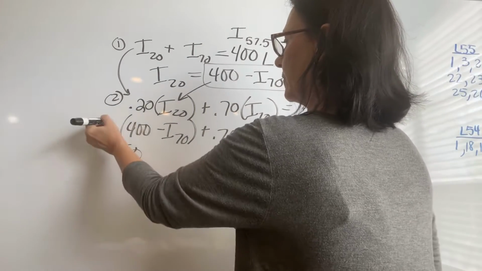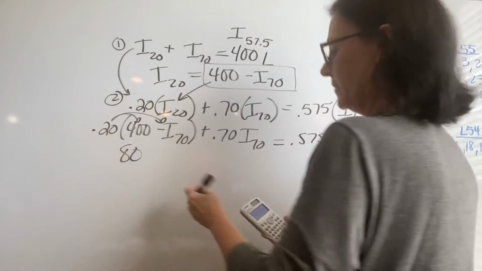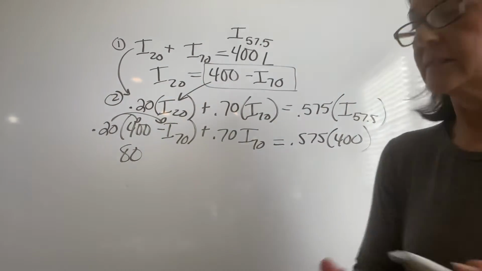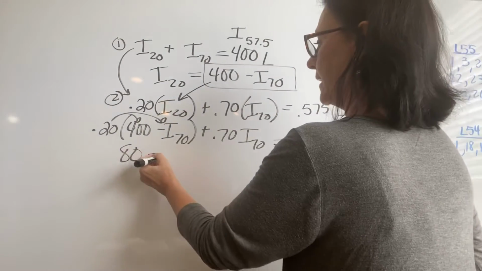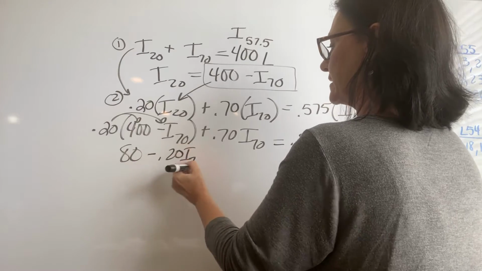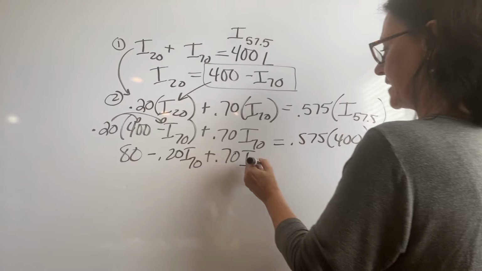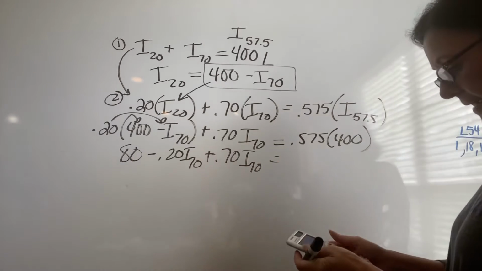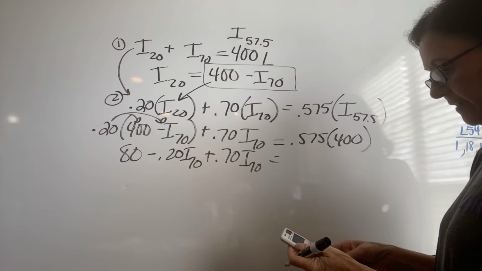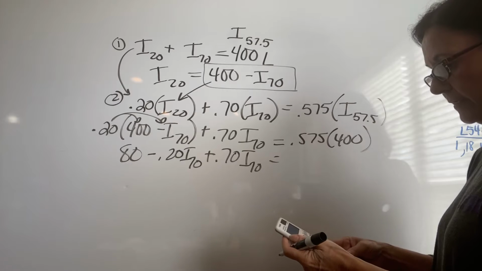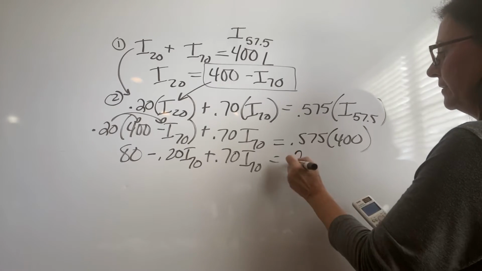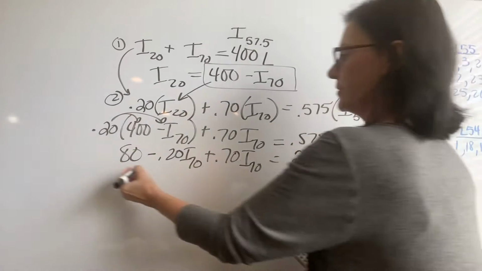So I'm just distributing this 20% inside the parentheses, minus 0.20 iodine 70 plus 0.70 iodine 70 equals, we'll multiply the 0.575 times the 400, and we get 230. You subtract your 80.